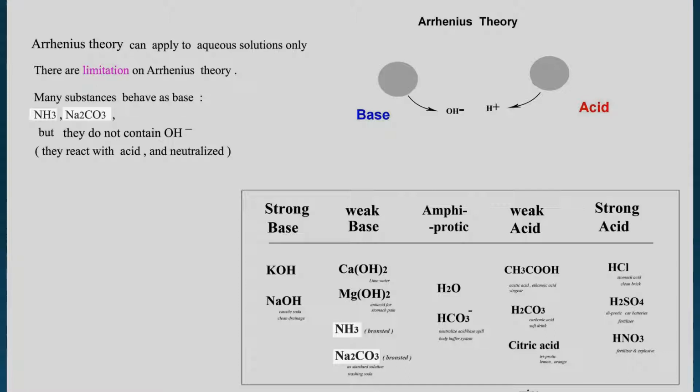If you cannot ionize an OH, how can it be a base? But experiments prove this is a true base. So what's the explanation? Now Brønsted-Lowry theory comes in to explain.